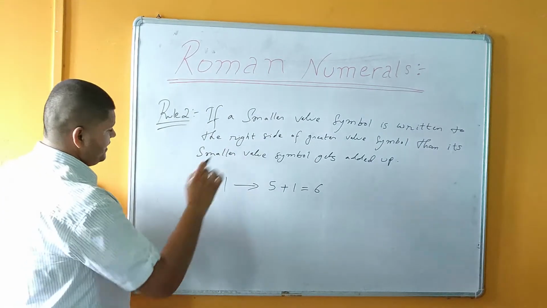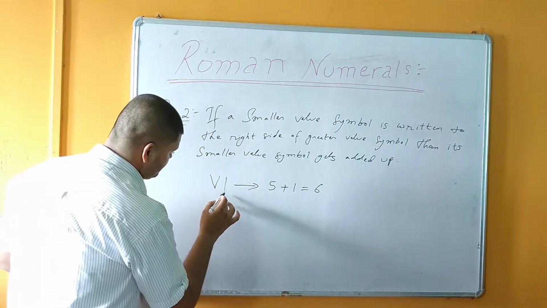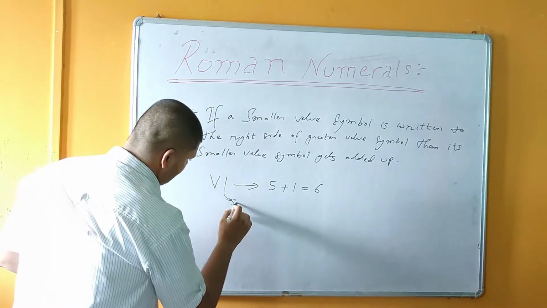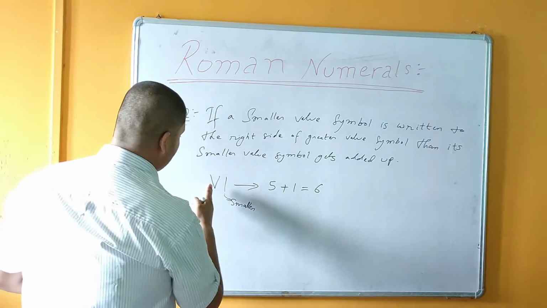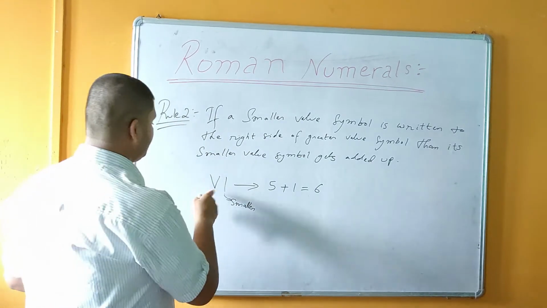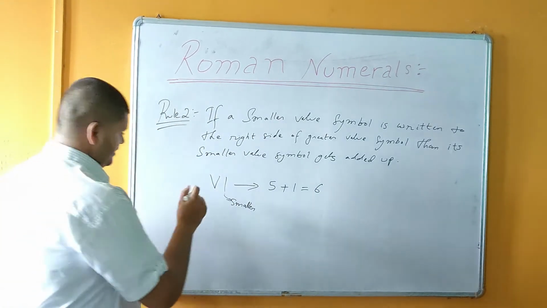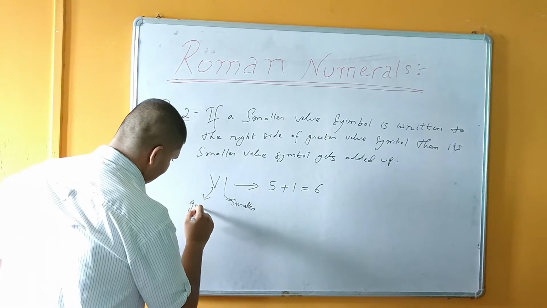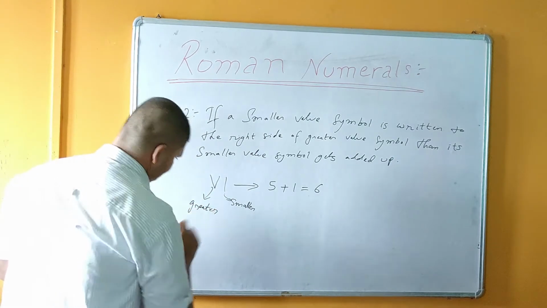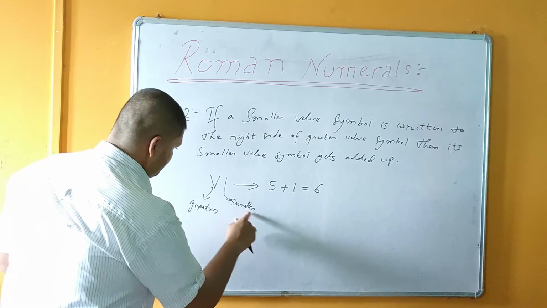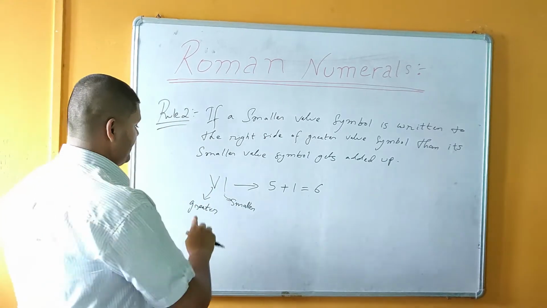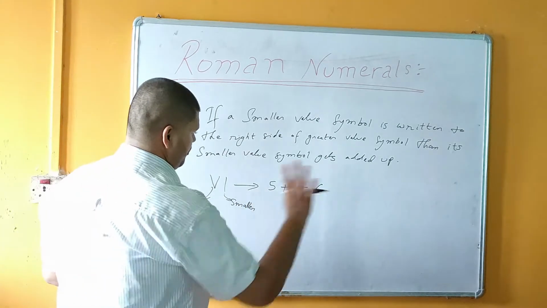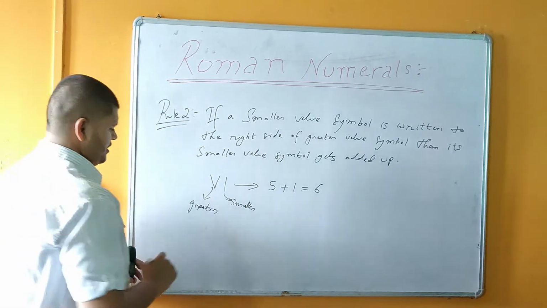It is telling that if a smaller value symbol is written to the right hand side of the greater value symbol, then its value will get added up. Okay, it is giving 6.